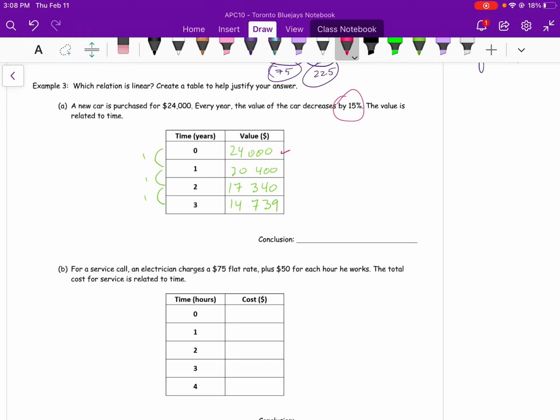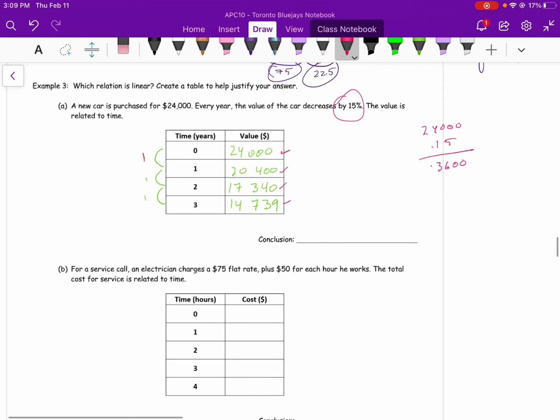When the car decreases by 15%, so really this is a side calculation, 15% of 24,000, that is 3,600. So that's how much you lose in value. So you have to subtract 3,600 from 24,000 to get 20,400.